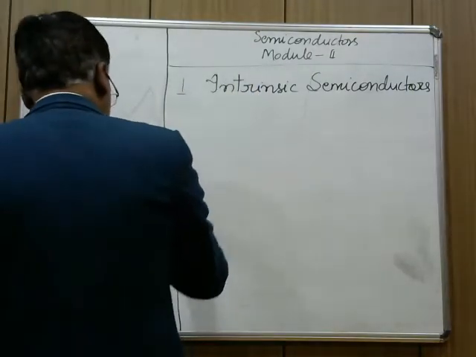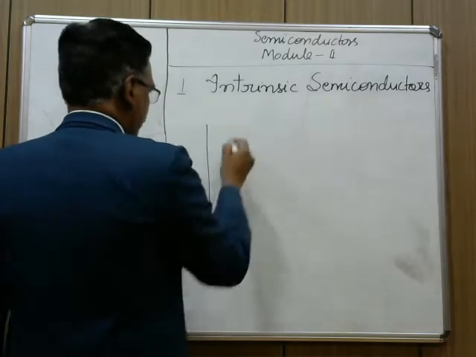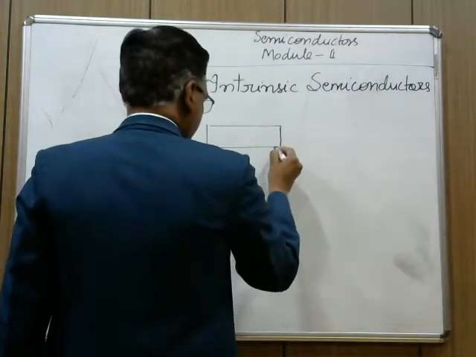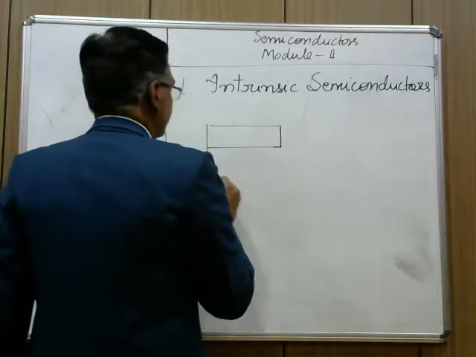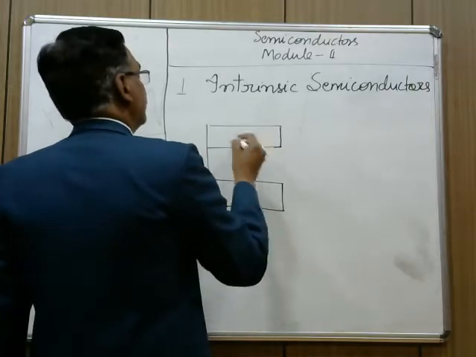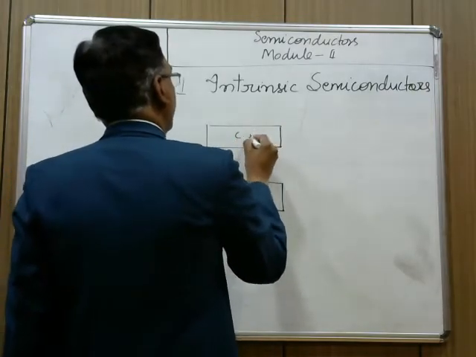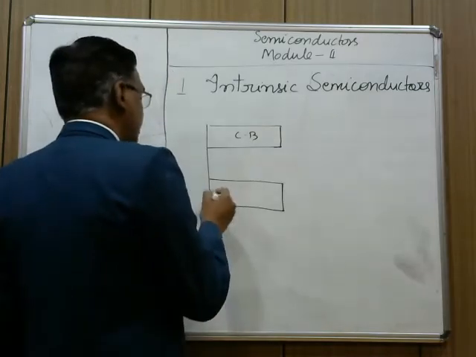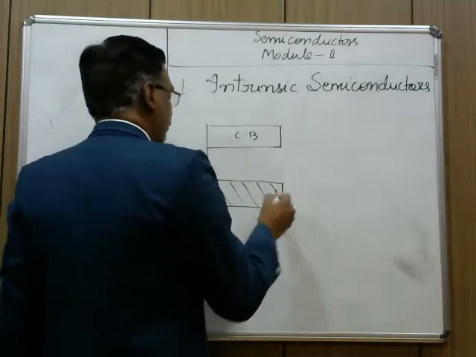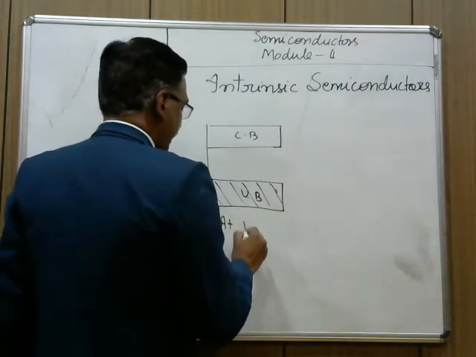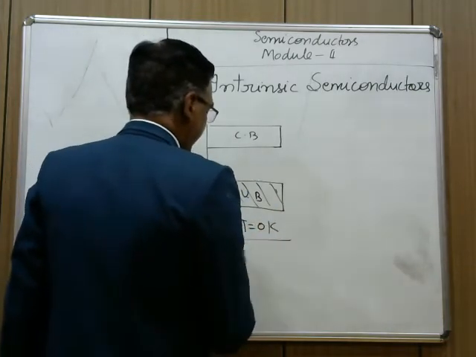If you recall, in the previous module, I told you how to show it like this. I am comparing both here. At low temperature, meaning at absolute zero, I told you that the conduction band is completely empty and the valence band is completely filled at T equals 0 Kelvin.